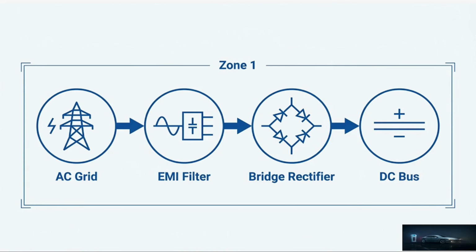This is the main property of a diode. By arranging 4 diodes in a bridge configuration, we can convert the alternating input into a unidirectional, pulsating DC output.